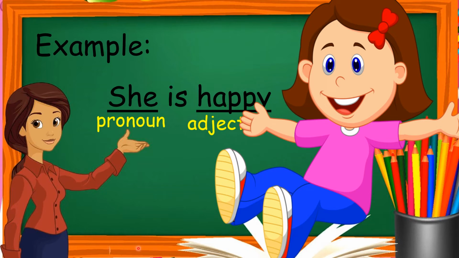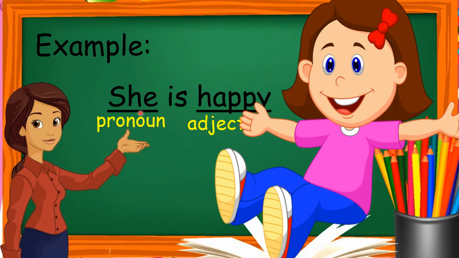Now, what is an adjective? What can you say about adjective? Example here, she is happy. The word happy describes the pronoun she. A while ago we talked about Giselle, so it describes Giselle.